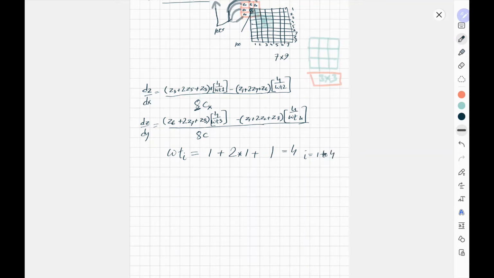Okay, but for no data, if one of the cell values is no data, then for that particular cell, this factor will become 0. I'll explain that by example.